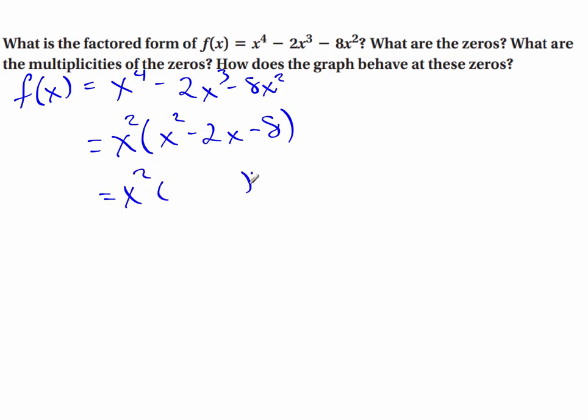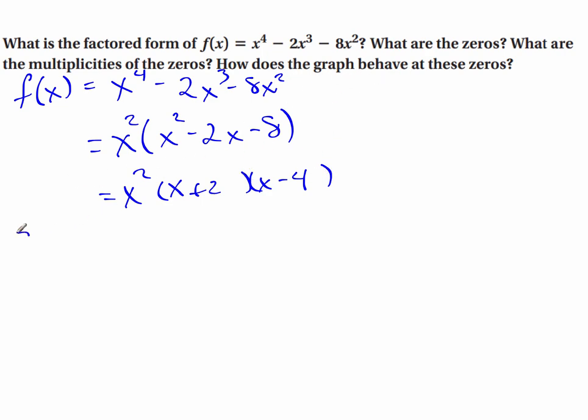Now I need to factor x squared minus 2x minus 8. What multiplies to be -8 and adds to be -2? Okay, and that is x. Put your x's here. X plus 2, x minus 4. So I've got my factored form.